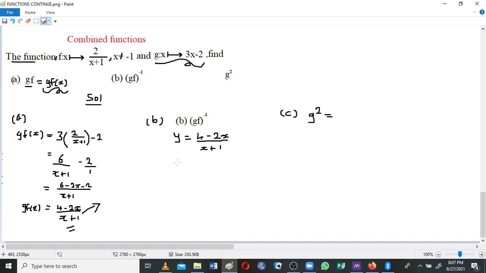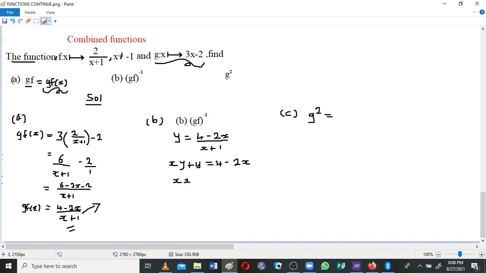We need to solve for x. To do that, we cross multiply and get xy plus y is equal to 4 minus 2x. Now we need to add 2x to both sides of the equation.